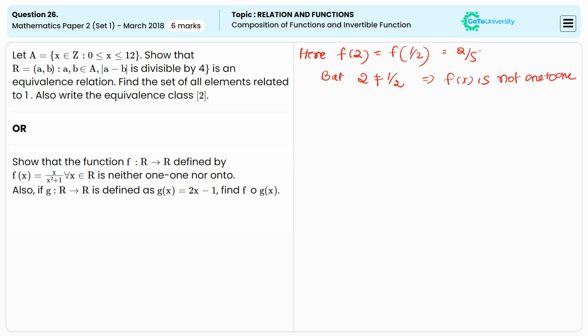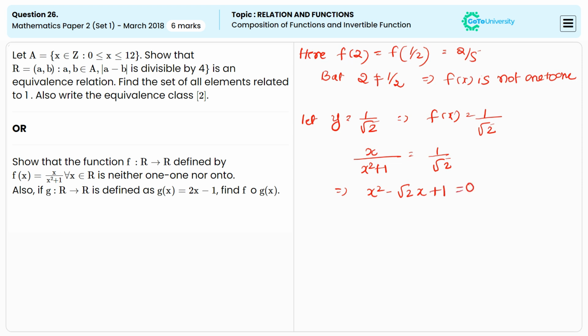Okay. So now to show that it is not onto, let y be equal to 1 by root 2, which is a real number, which says f of x is equal to 1 by root 2. That means x divided by x square plus 1 is equal to 1 by root 2. After simplifying, we get x square minus root 2 x plus 1 is equal to 0.